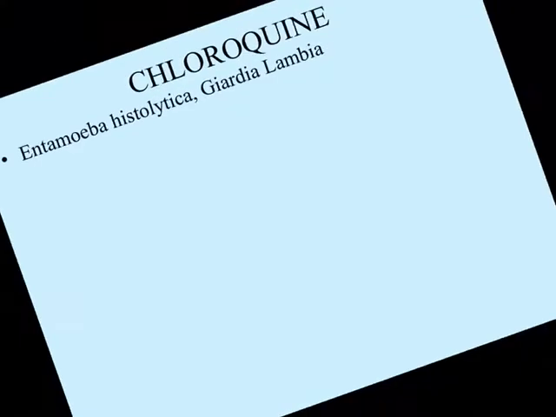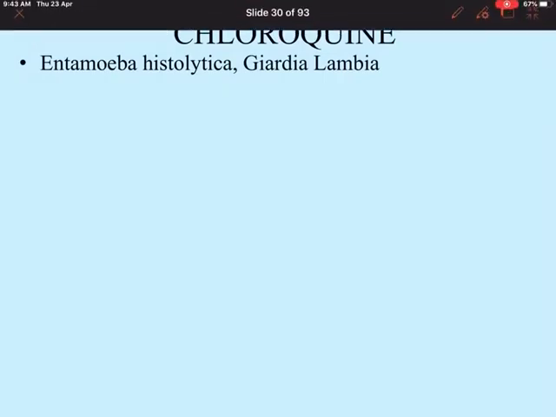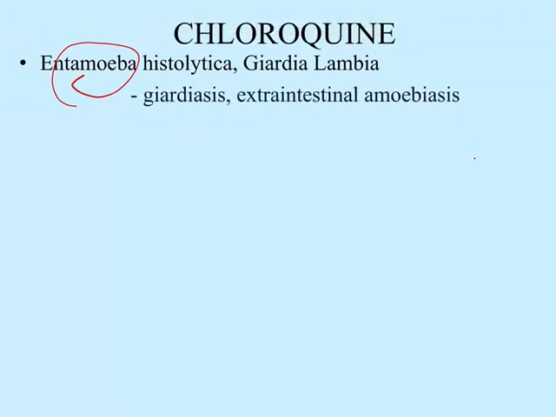So, let's try to understand a little more about chloroquine. Chloroquine also acts on other microorganisms like Entamoeba and Giardia lamblia. Entamoeba causes amoebiasis. So, we use this in the treatment of giardiasis and extraintestinal amoebiasis.